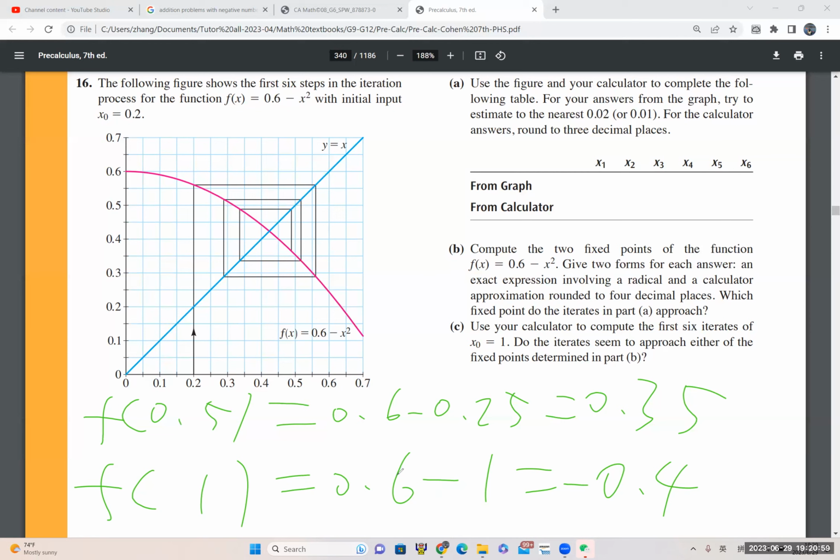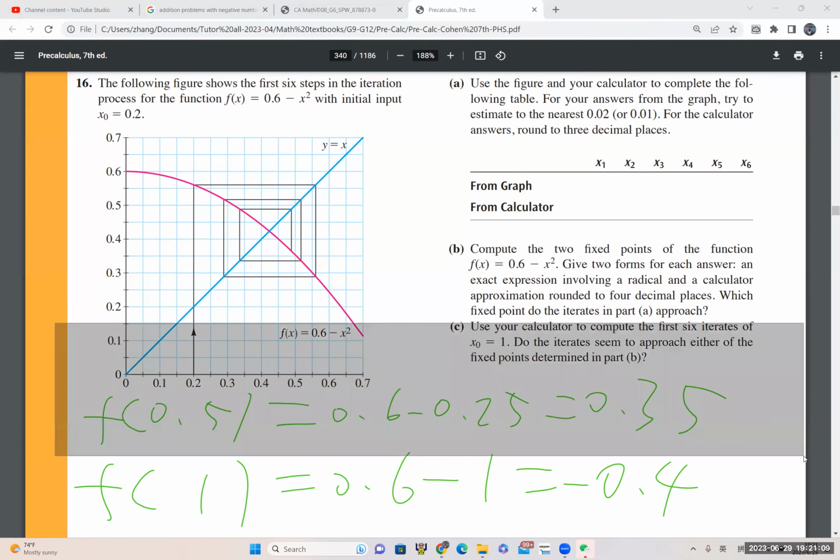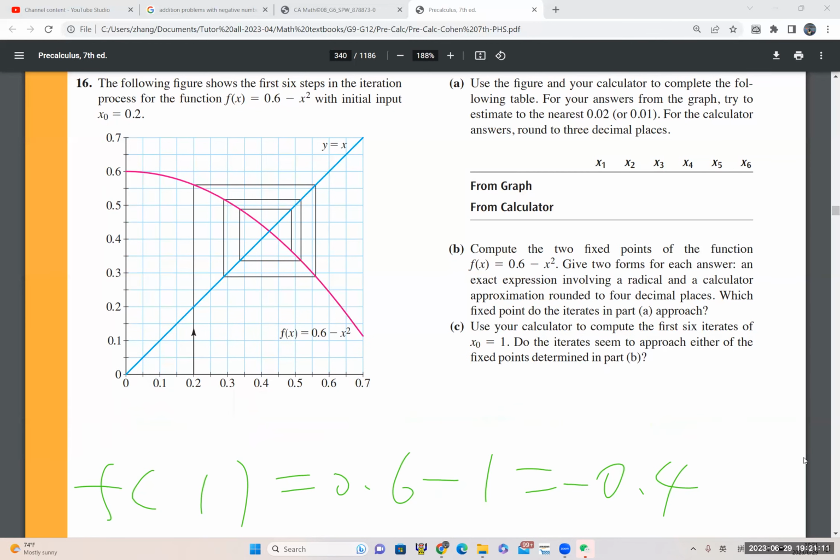Let's say if we start from 1, we get this. So let me erase here. Now this is x0 equal to this.